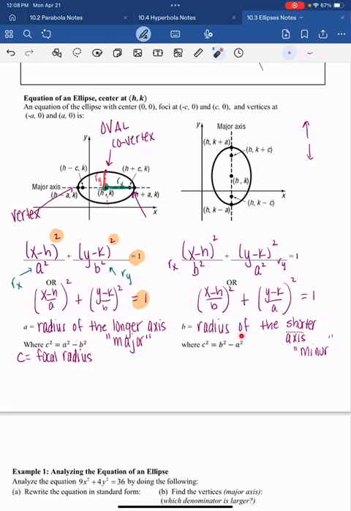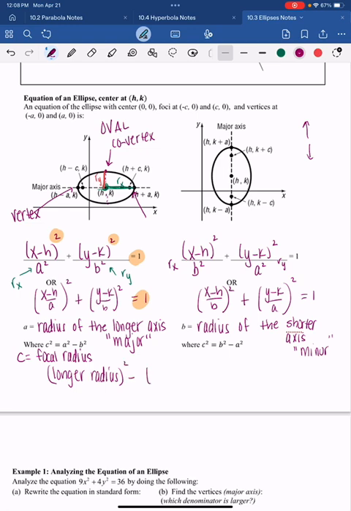And in the second equation, they have it as b squared minus a squared. Okay, I want you to keep in mind that to find the focal radius, it is always the longer radius squared minus the shorter radius squared.